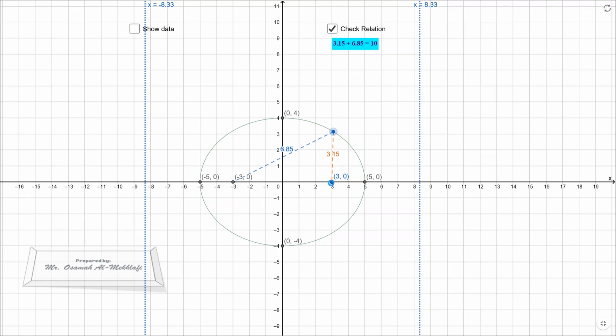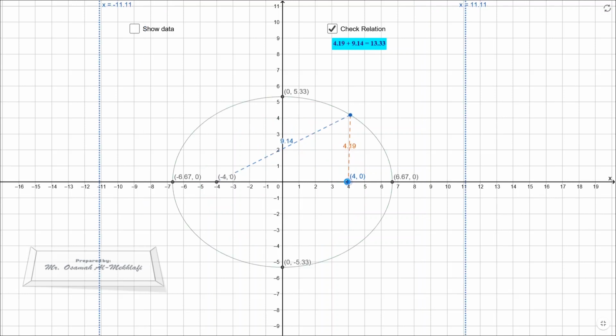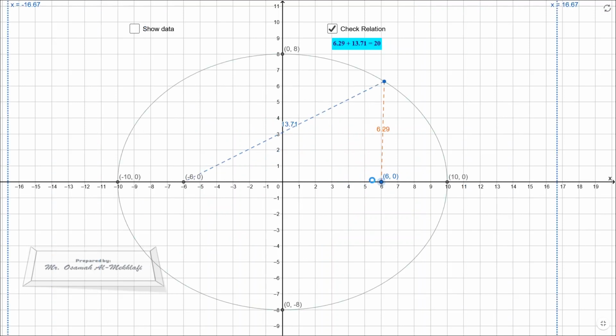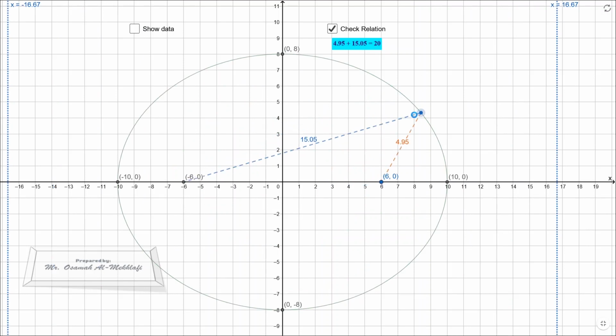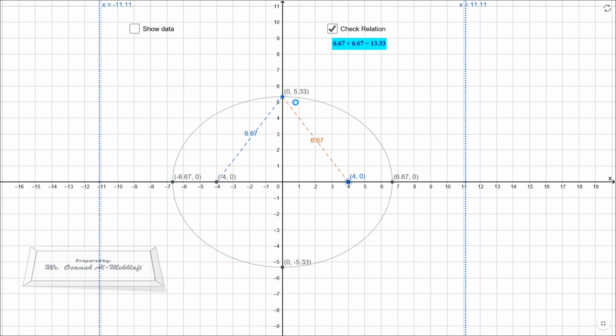Of course, it doesn't have to be 10 all the time. If this ellipse is a little bit bigger, you'll see that the sum is different. But again, the sum is always fixed. So the sum is 20 in this case. It is fixed at 20. If you move the foci to here, to 4 for example, the sum is fixed to 13.33 and so on.